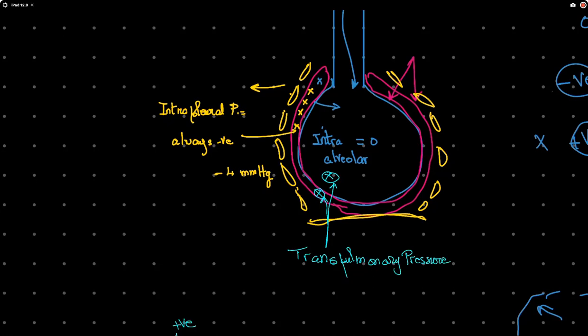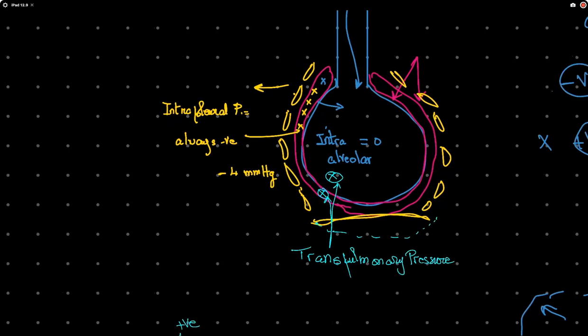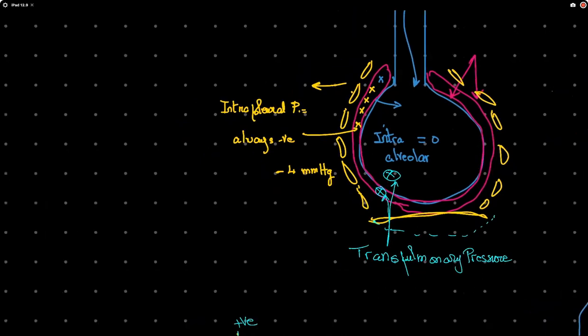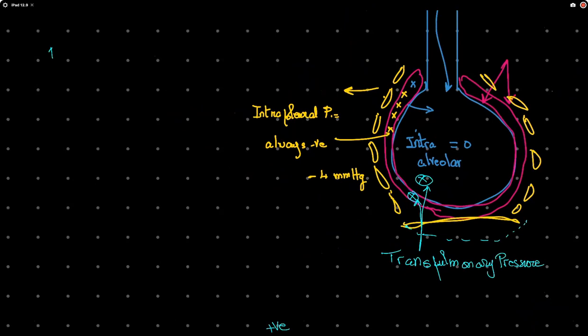So in order for me to allow inflation, to allow the air in, what happens? The diaphragm is going to move down, it contracts, and the ribs are going to be elevated. All this is going to increase the volume of the chest.